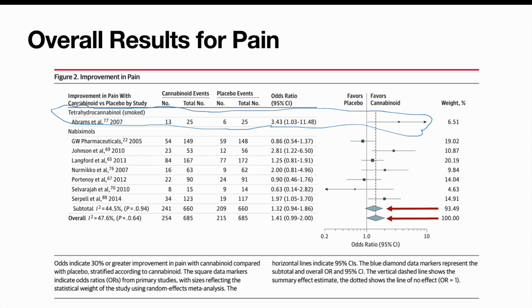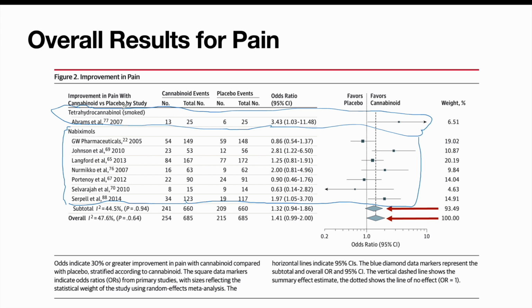And then we have nabiximols, and we have a bunch of different brands of nabiximols. So this is all down here. And these are all the separate results for the separate studies in here. So we have all these different results, right?